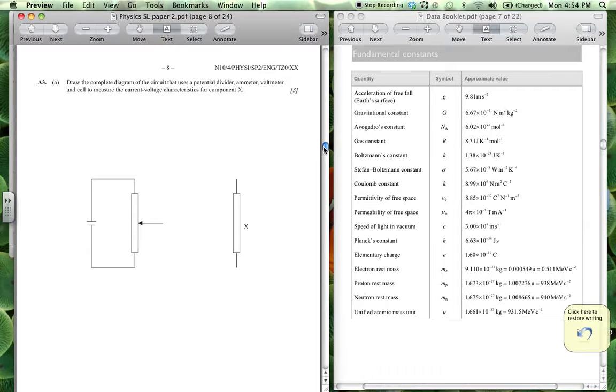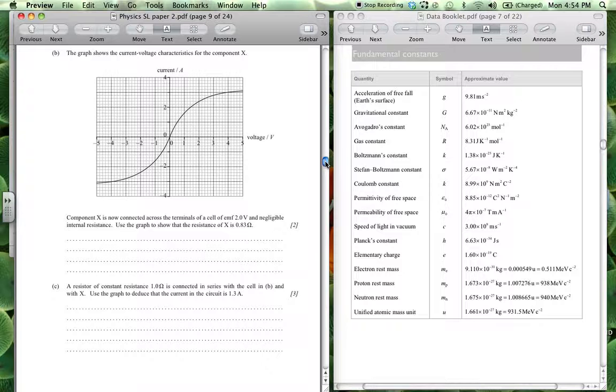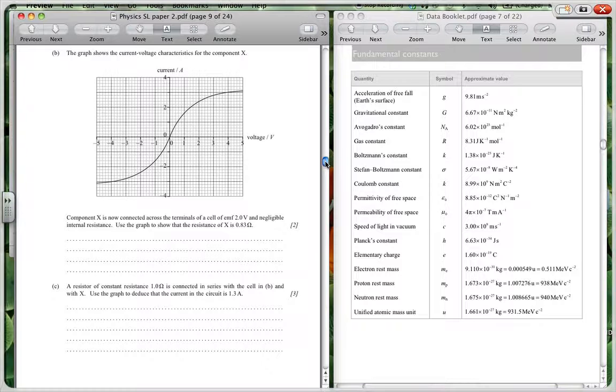Okay, so going on to the next question here. It says the graph shows the current voltage characteristics for component X. Component X is now connected across the terminals of a cell of EMF 2 volts and negligible internal resistance. Use the graph to show that the resistance is 0.83 ohms.